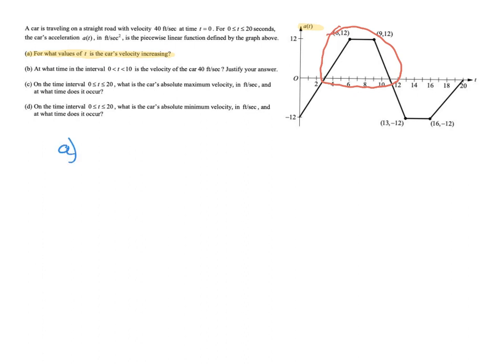and we say the car's velocity is increasing on this interval. So this looks like a 3 right there, and this looks like 11. So we'd say something like from 3 to 11 seconds.